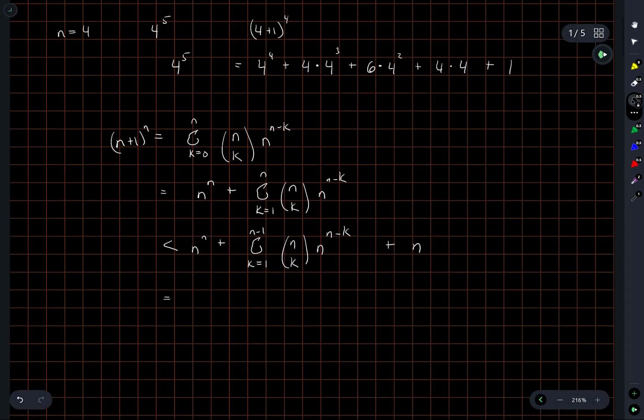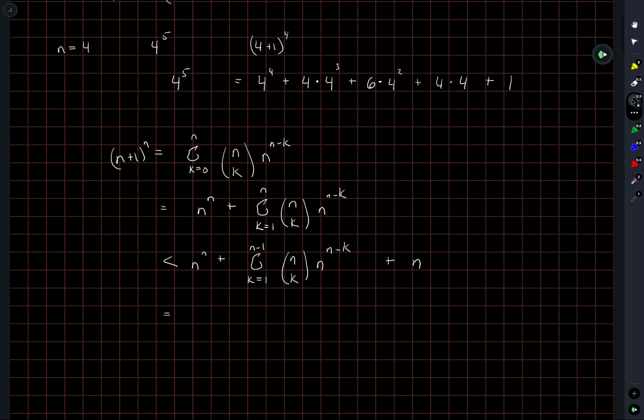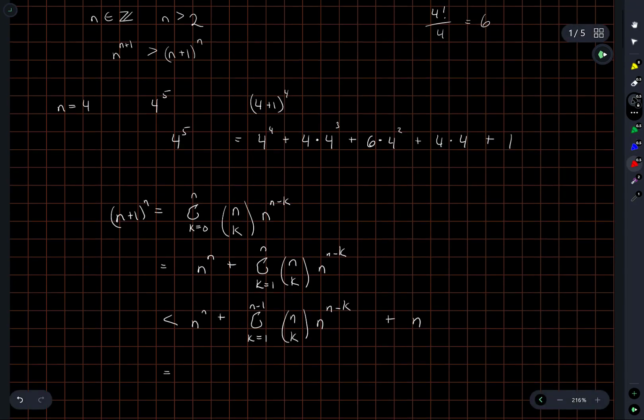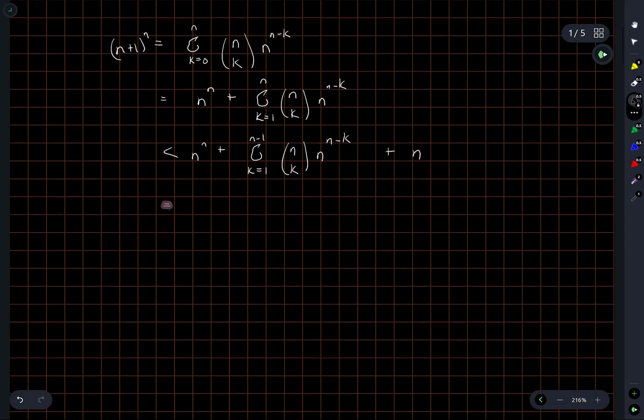Ooh, what if I increase everything on the right-hand side so the powers here match the power there?